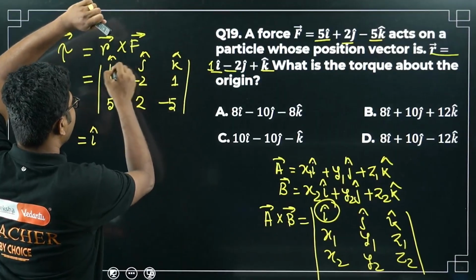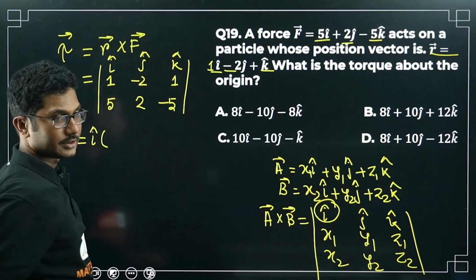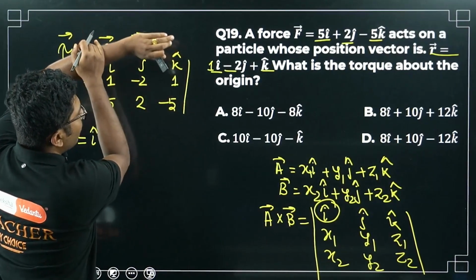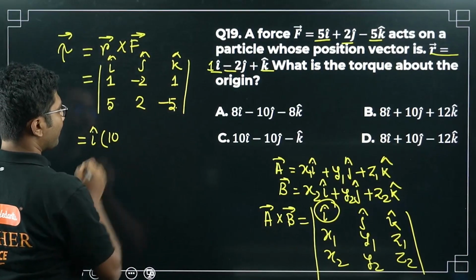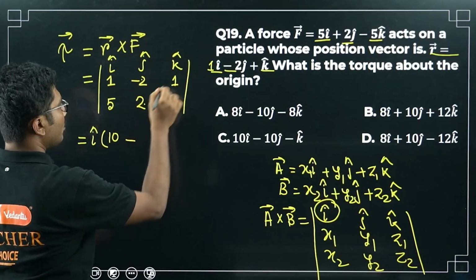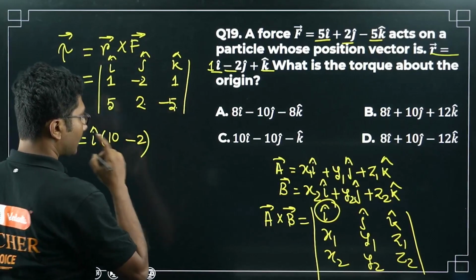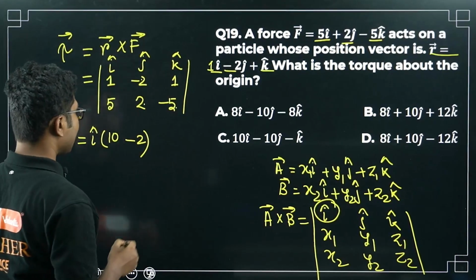This is the corner element, i cap, so this comes first, and then we do the cross multiplication. Minus 2 times minus 5 is 10, minus 2 times 1 is 2. I cap work is done.